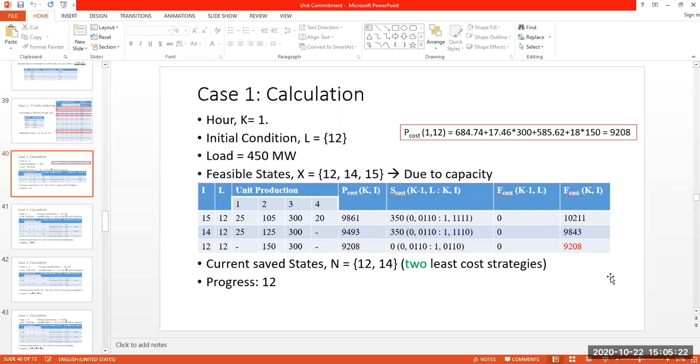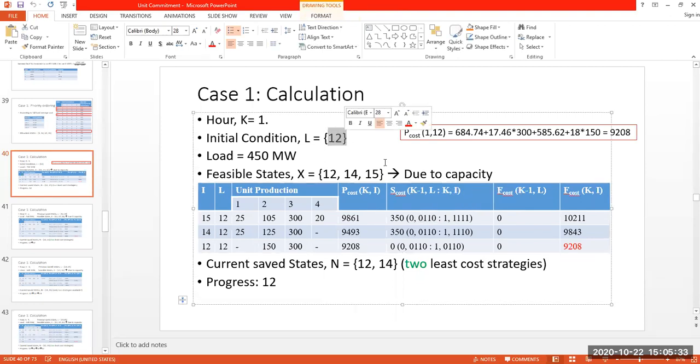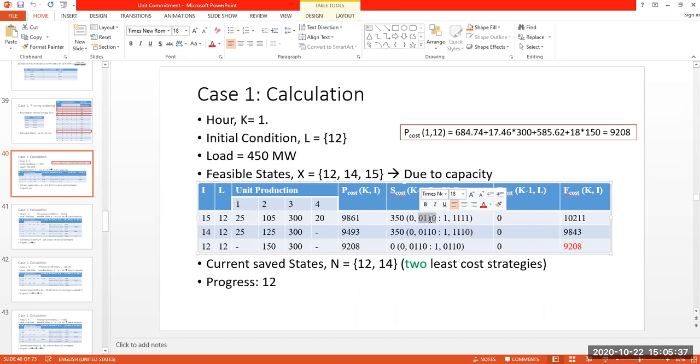I missed something. Why is this still 350? Okay, let's start from this combination again. We are currently at 12, the initial condition, so it is 0110. We are going towards 15, my I value, so this is the I combination 1111. All the units are turned on. So what we did was check the startup cost for unit 1 and unit 4.